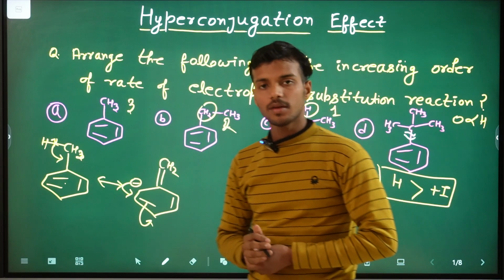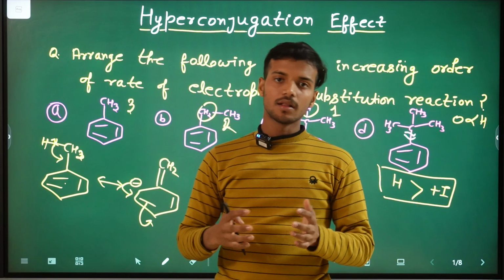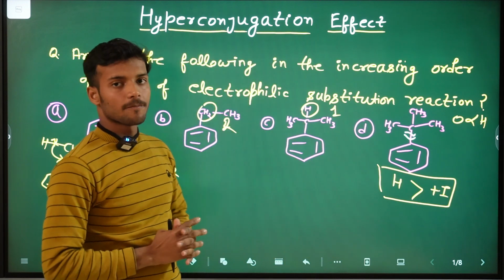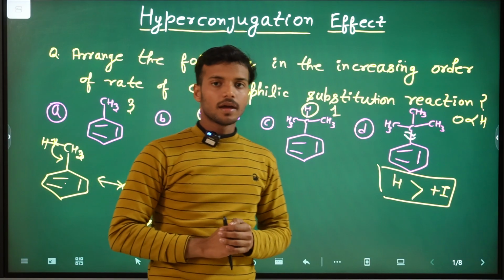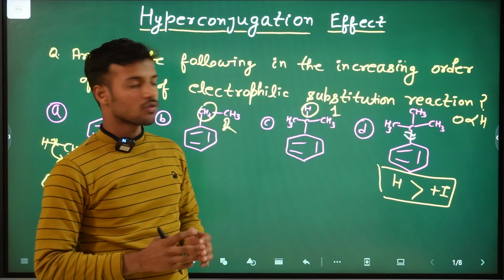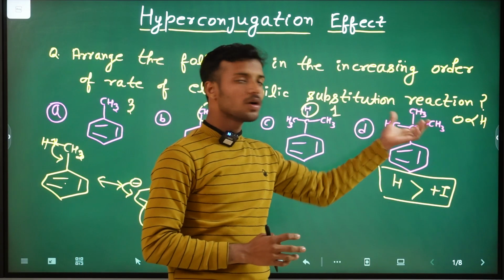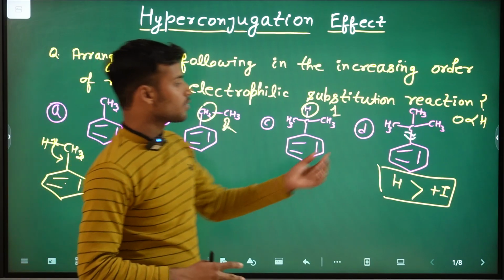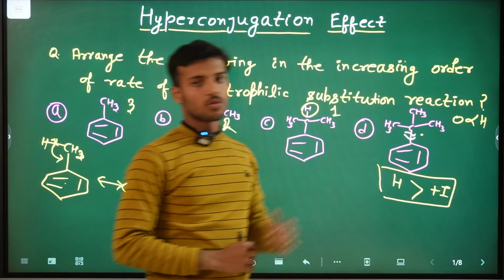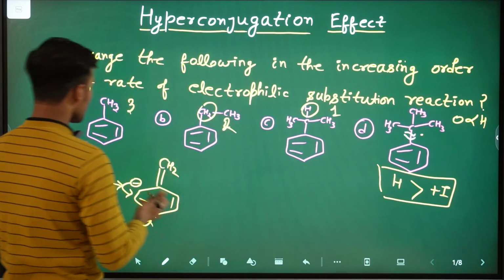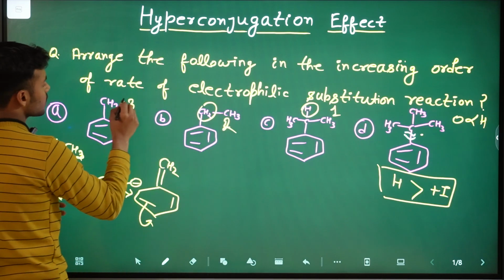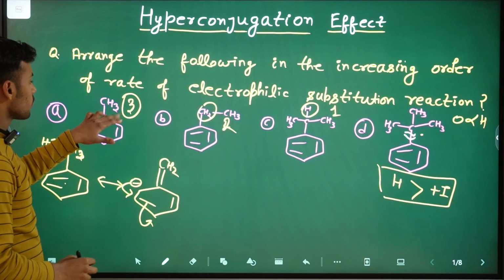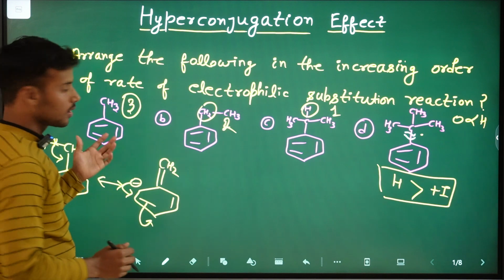So it will increase the electron density in the ring, and we know that electrophilic substitution reaction is accelerated by electron density in the ring. So it will depend on the electron donating group. According to plus I effect, this is the strongest plus I effect group, but according to plus hyperconjugation effect, here 3 alpha hydrogens, so here it will push more electron density into the ring.